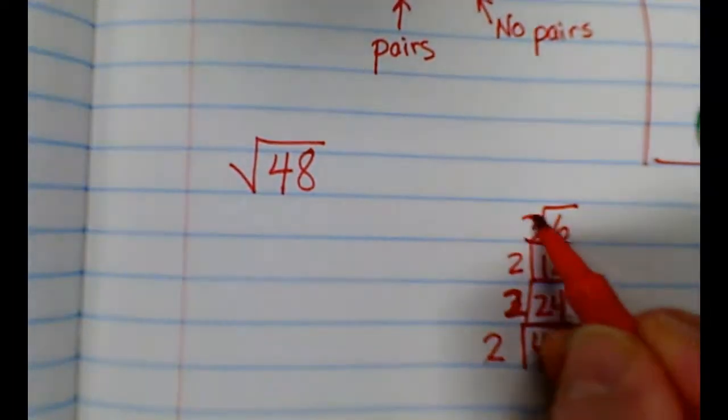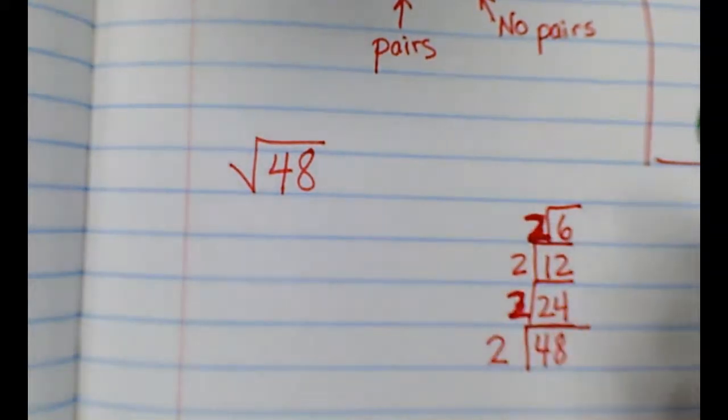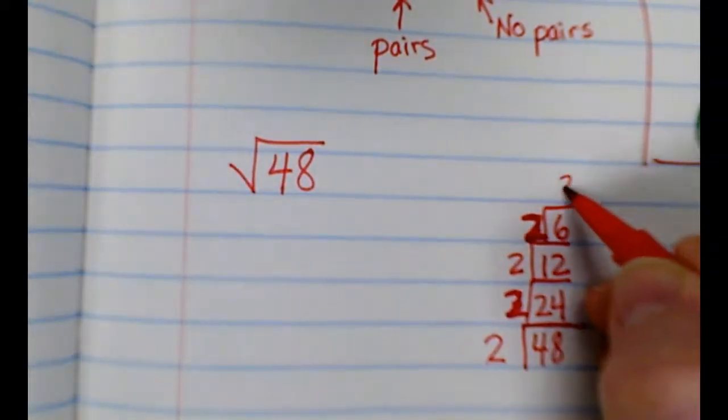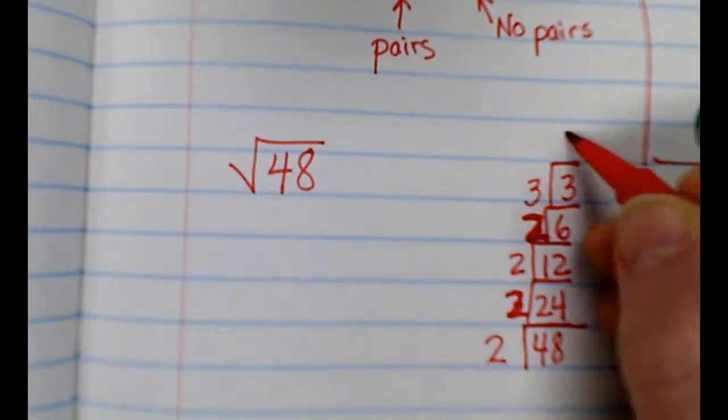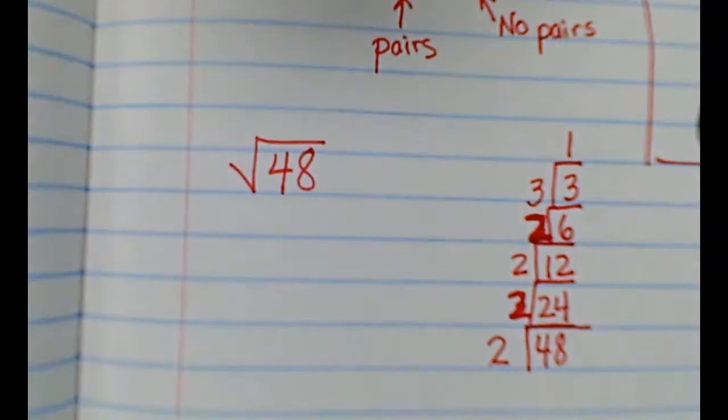I keep saying 2 and writing 3. How many times? 3. Will 2 go into 3? No. 3 goes into 3 one time, and that's how you know you're done, when you get to the 1.